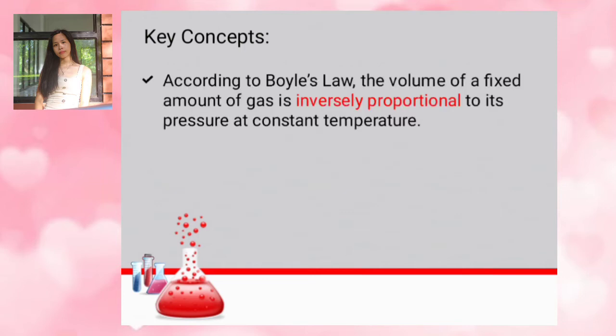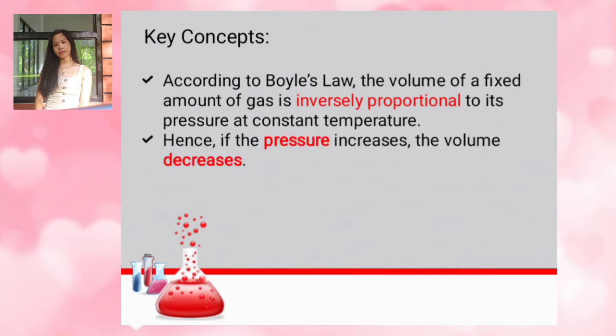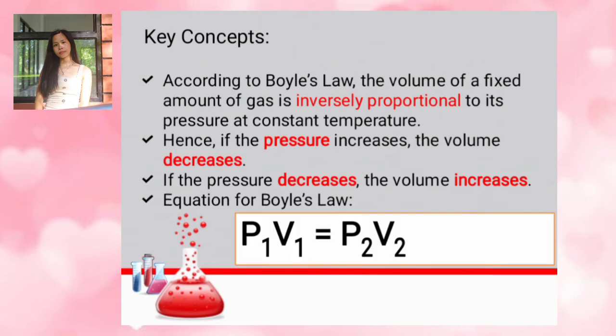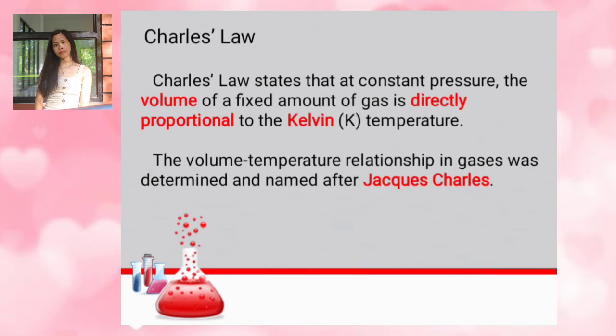According to Boyle's law, the volume of a fixed amount of gas is inversely proportional to its pressure at constant temperature. Hence, if the pressure increases, the volume decreases. If the pressure decreases, the volume increases. Equation for Boyle's law: P1V1 equals P2V2.